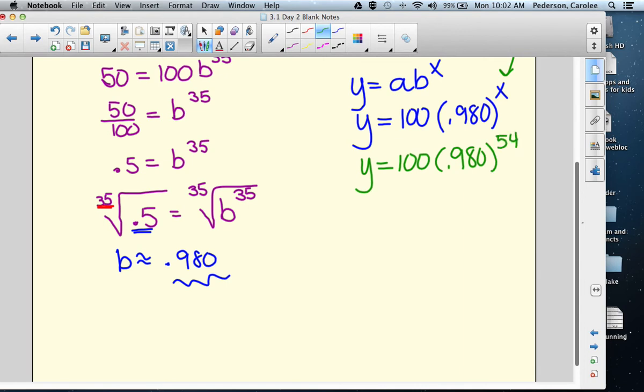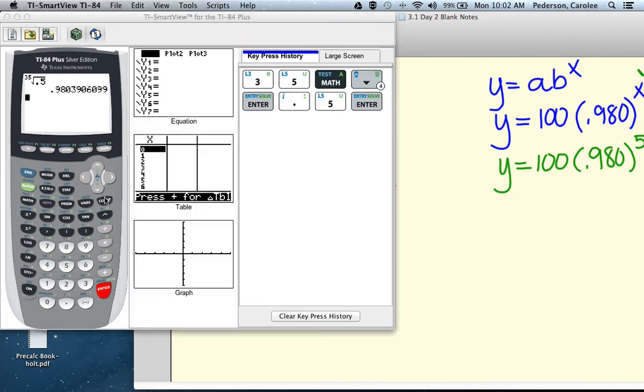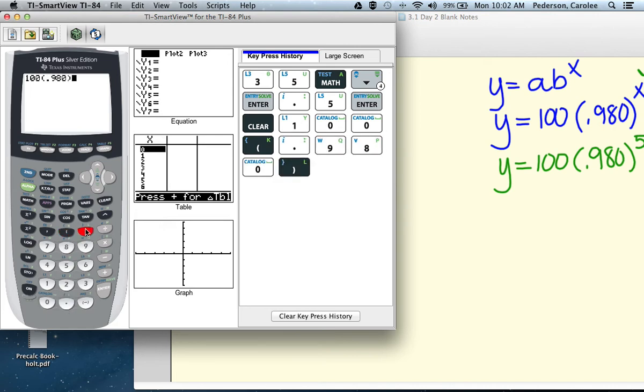Now you're going to want to use your calculator again, so I'm just going to show you how you use that. I'm going to clear out my screen. So now you put 100, parentheses, 0.980, parentheses, and now you're going to raise it to, you're going to do your little caret symbol, we call that, and then 54.